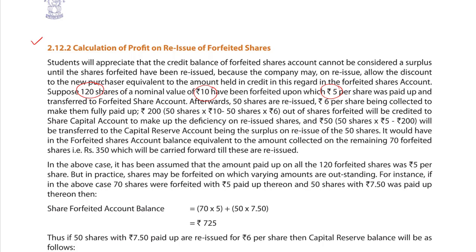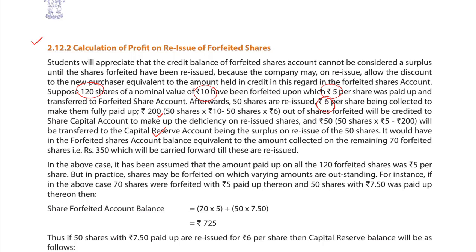Afterwards, 50 shares are reissued at rupee 6, being collected to make them fully paid up. 50 shares multiplied by 10 minus 50 shares multiplied by 6, that is 200, out of shares forfeited will be credited to share capital account to make up the deficiency on reissued capital, and 50 shares multiplied by 5, that is 250 minus 200, that is 50, will be transferred to capital reserve account, being the surplus on reissue of 50 shares.